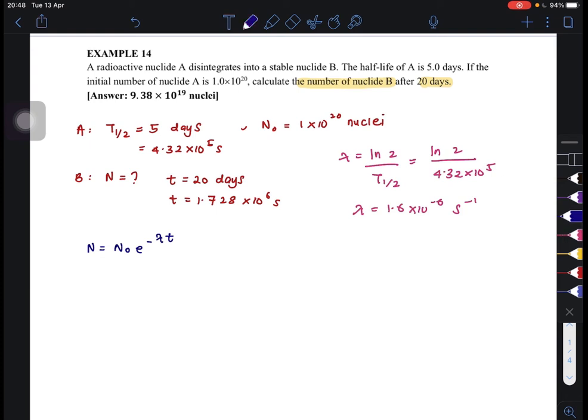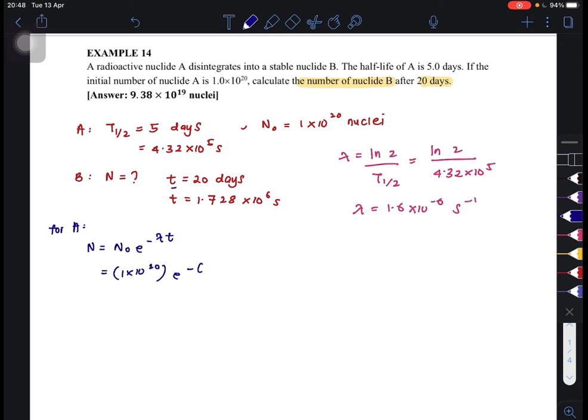Okay, so for now, since they minta adalah number of nuclide B after 20 days, we are not able to find this value because we don't have the initial value. So kita gunakan information untuk nuclide A dahulu, okay, untuk cari the final value. So for A first, since untuk A kita diberikan initial value, we can find the final value untuk A, di mana kita akan gunakan condition this one 20 days, which must be in second.